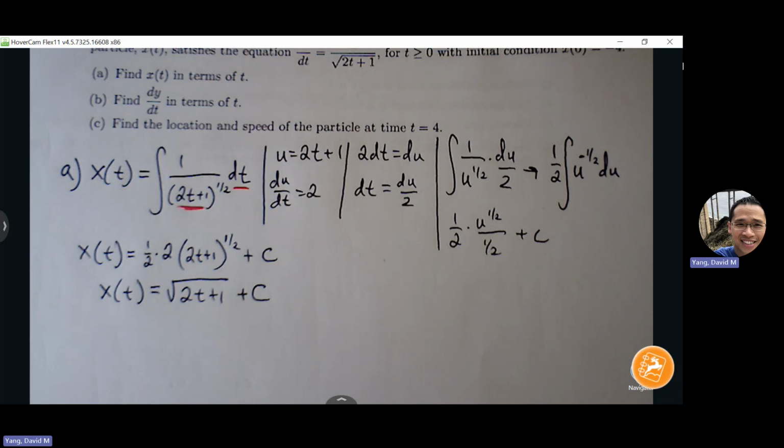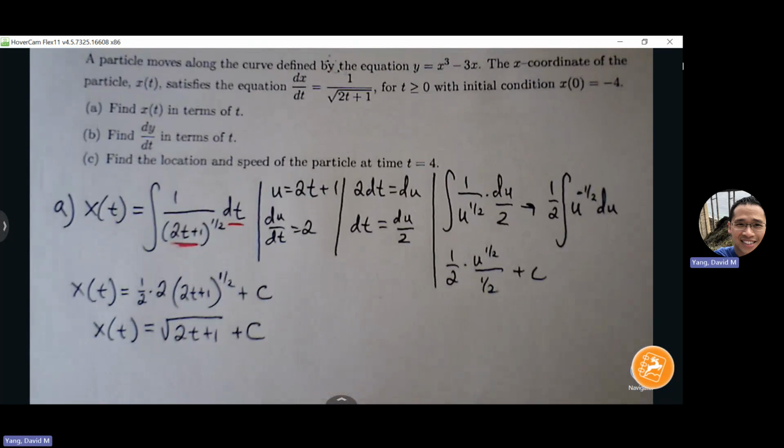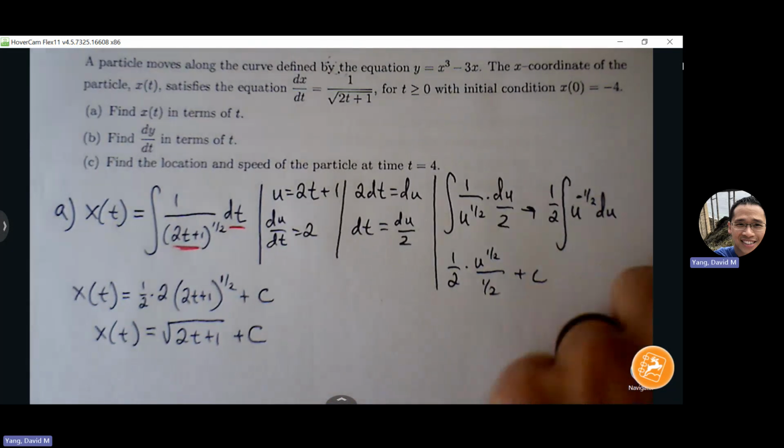So I went through u substitution, power rule, and brought back my original variable. How can I solve for C? What information do we have? Initial condition, yeah.